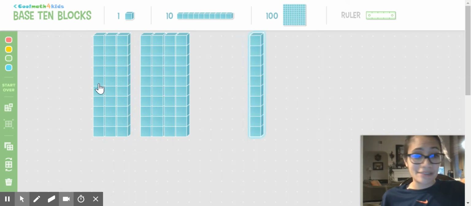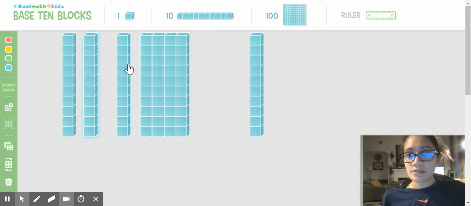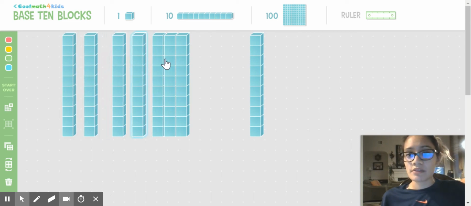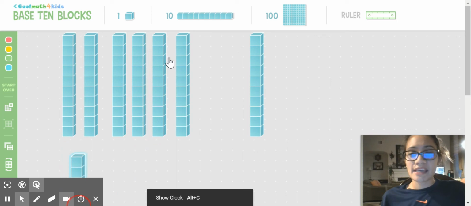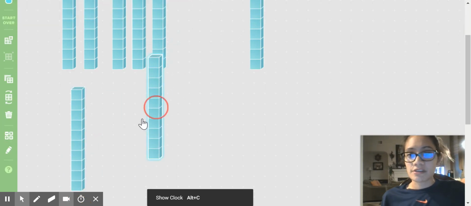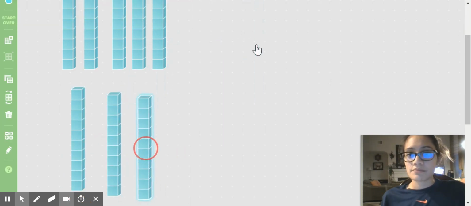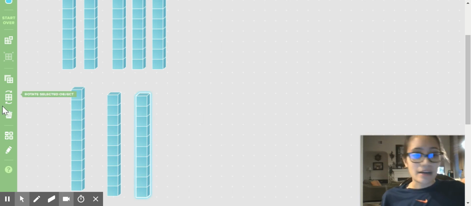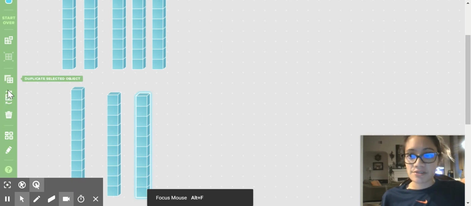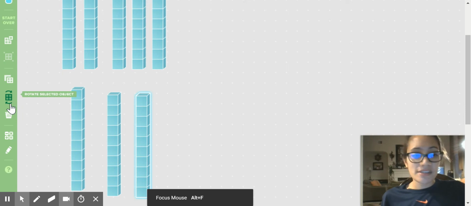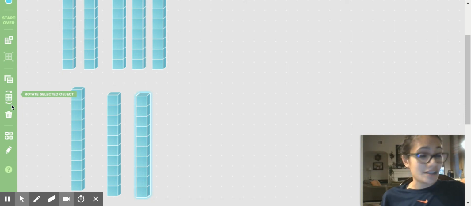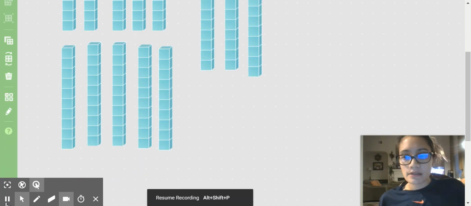I didn't put any flats on there. So, what if I gave you this? Would you be able to figure out the number? Okay. I'll be back in a moment after I get all of these done, and you'll find out what this number is.